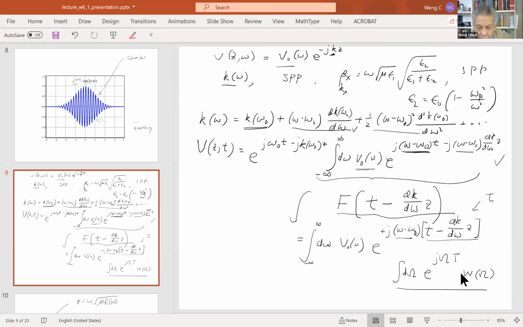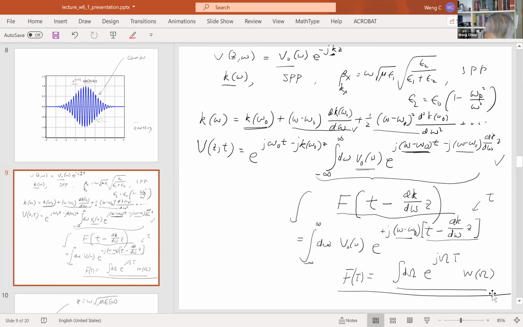So from your course in Fourier transform, in this integration, if ω is only over a small number of values, what do you know about this as a function of tau? If you do a narrow band integration of a signal, you're collecting only a very small number of signals around ω equals ω naught. What can you say about this function? Anybody?